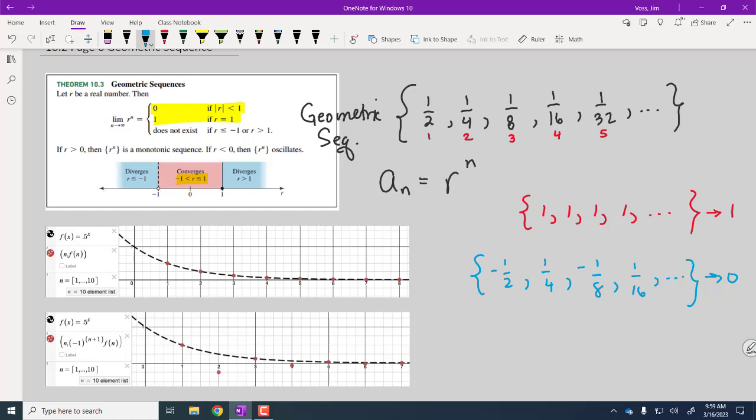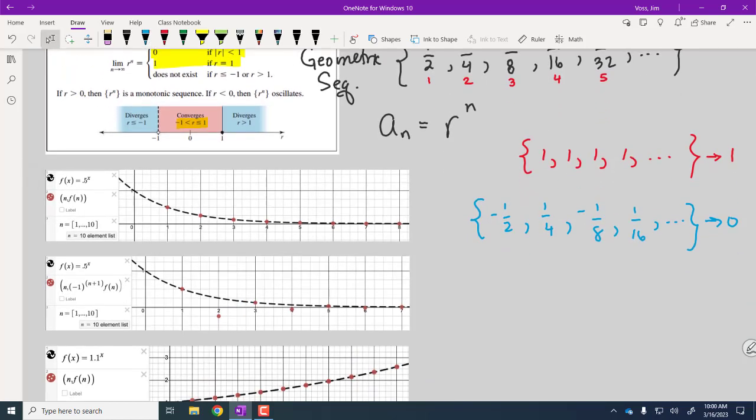But what about -1? So if we have -1 here, we're going to start with -1 because we've decided that the first n value is 1. So if our ratio is -1, -1 to the 1 is -1. So this would be our sequence, a geometric sequence with an r value of -1.